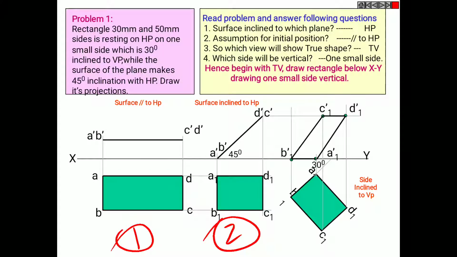So finally this is your required diagram, the required projection of your given problem.